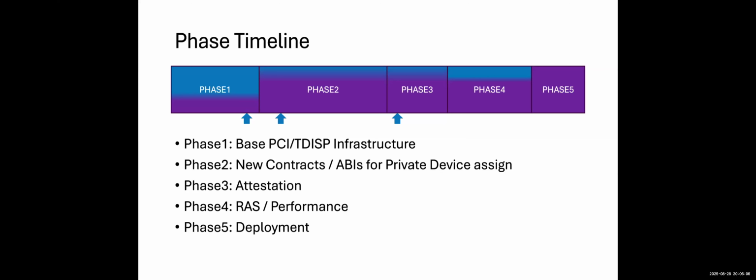But some of the most recent feedback is about phase one and phase two. Phase one was about just doing the connect flow, and I think that's still valuable. I think we should do that first. I think this is the first thing we're going to push patches for on the TDX Connect side.